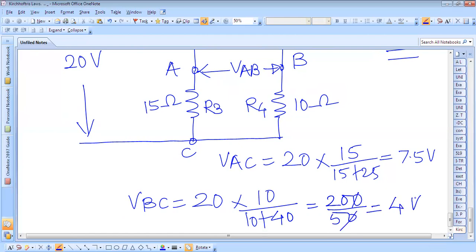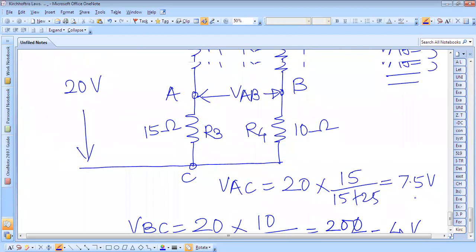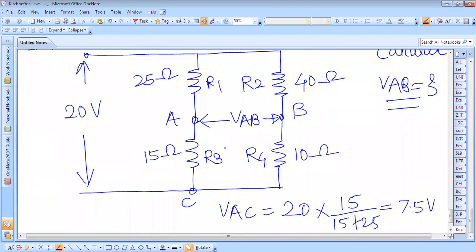Now we have to apply Kirchhoff's second law, that is Kirchhoff's voltage law, to this loop.